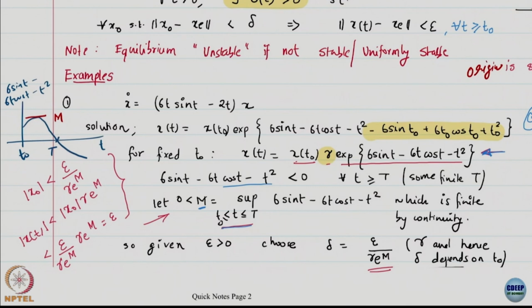So I am guaranteed to have an upper bound m to this function, and this upper bound will be between the initial time and this finite capital T. Just look at the picture, it is very illustrative of this.